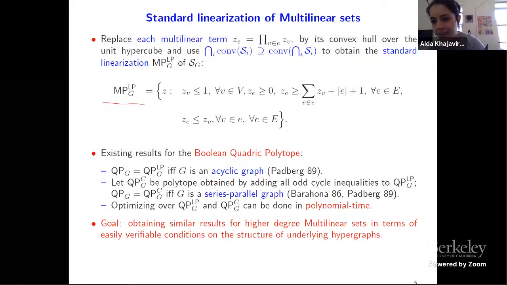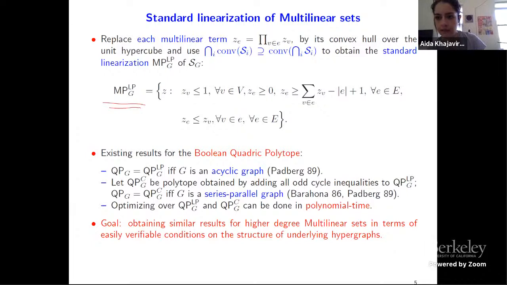It also has other names, like in the case of bilinears, you may have heard of McCormick inequalities. People have studied this polytope in the past, or maybe not so much studied it, but used it as a way to construct bounds for binary polynomial optimization.